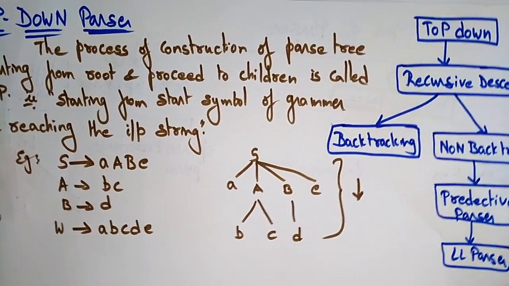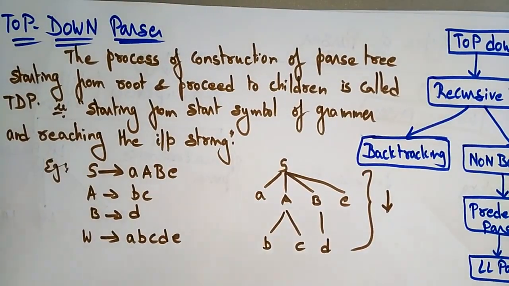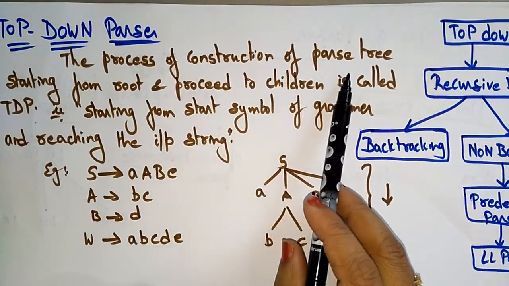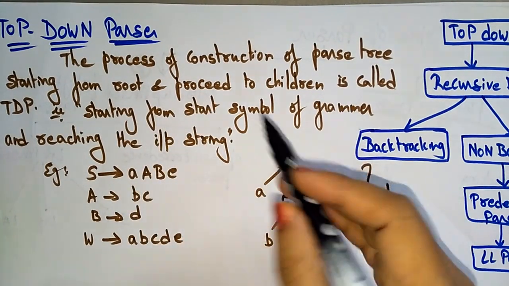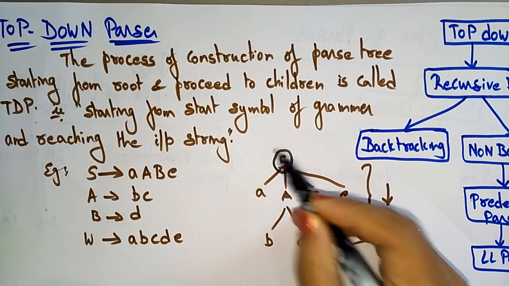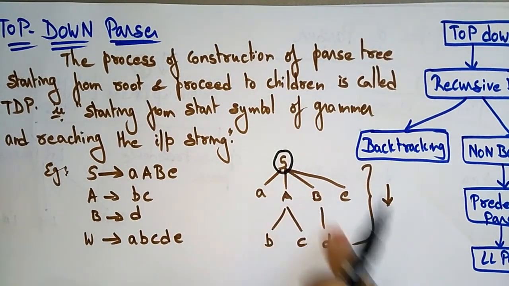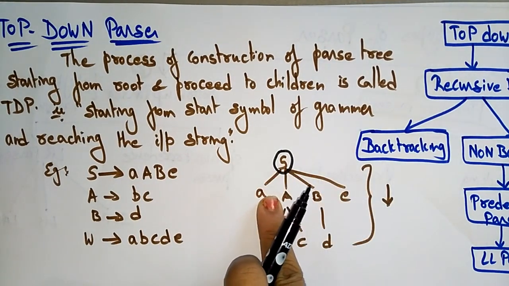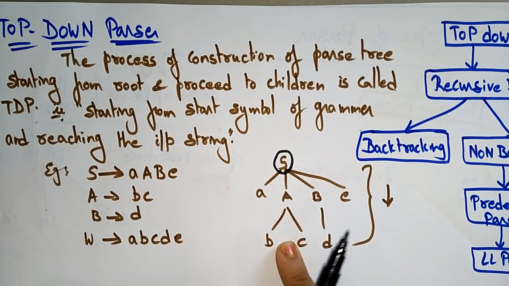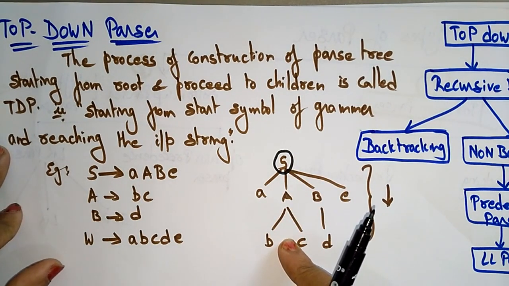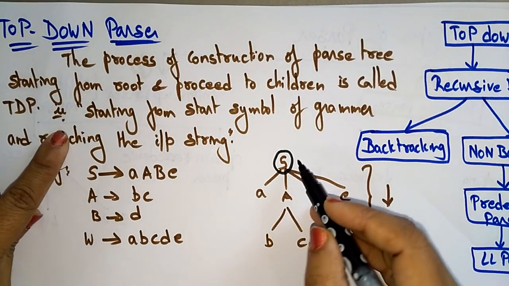Top-down parser: the process of construction of a parse tree starting from the root and proceeding to the children is called a top down parser. That means starting from the start symbol.